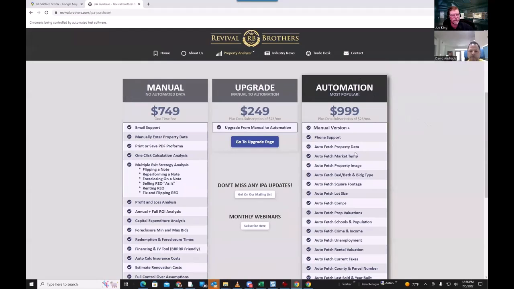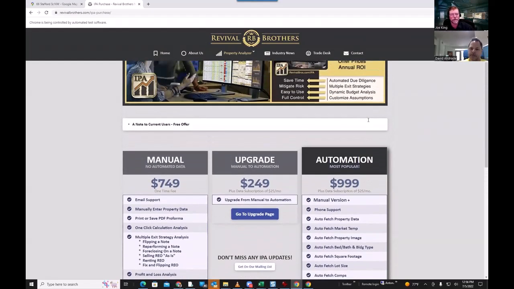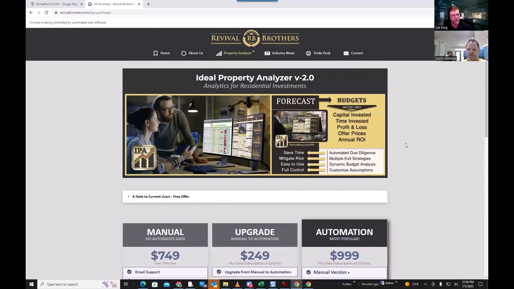If you want the automation version, it's roughly $1,000 plus $25 a month for the data plan if you want everything automated when you bring in that data. Or you can just have the manual version and input the data yourself, which operates exactly the same. It's just the data doesn't come in automatically for you. That's the only difference.